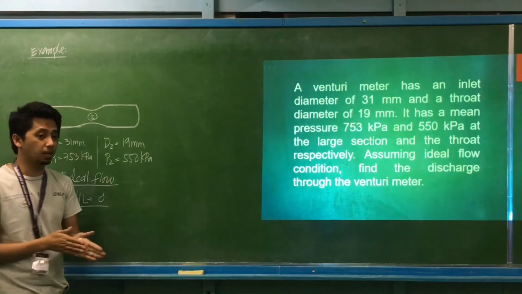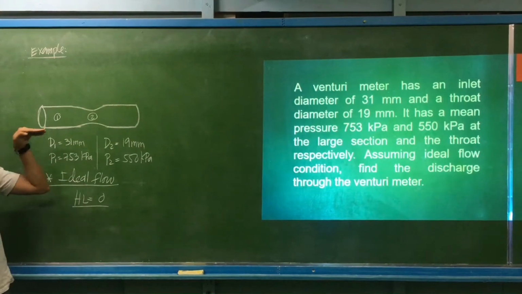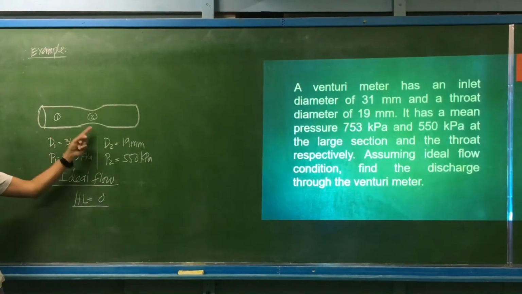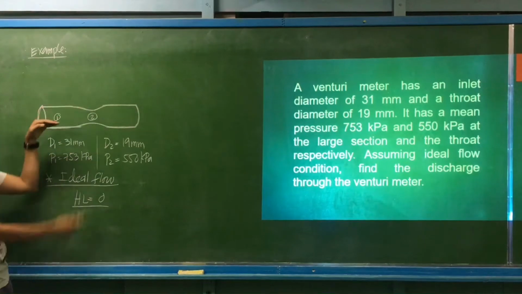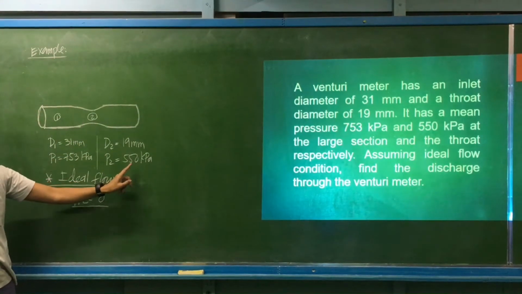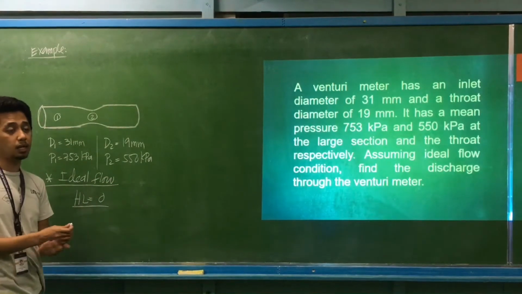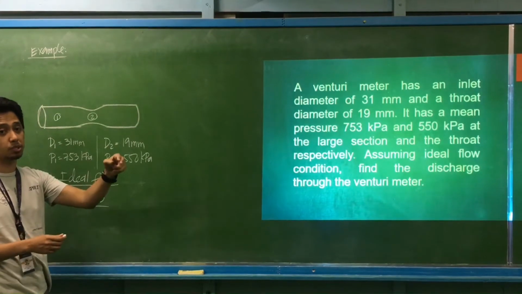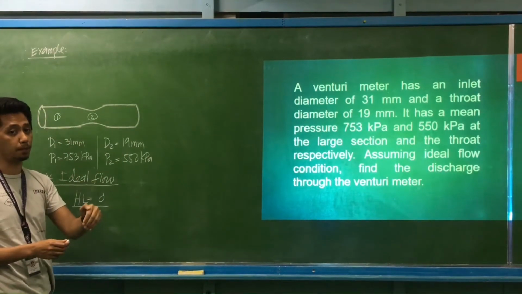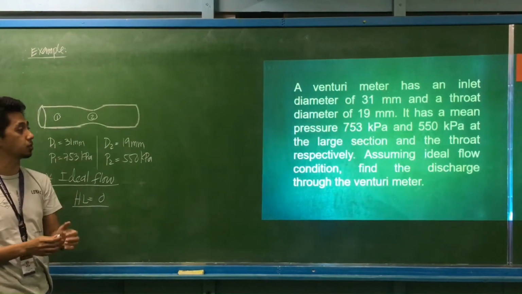So sa concept ng Bernoulli's, kapag mataas yung pressure, babagal yung flow. Tapos siyempre, kapag liliit yung section, mag-i-increase yung velocity. So ang mangyari naman is liliit yung pressure. So again, from Bernoulli's, there is an equivalent increase in velocity kapag nagkaroon ng pressure drop. Pero kapag tumaas yung pressure, babagal yung velocity.